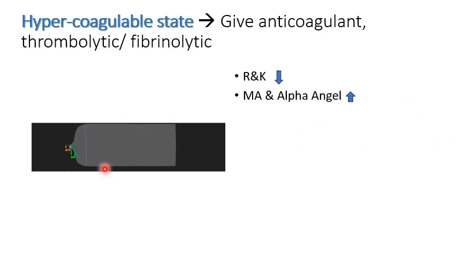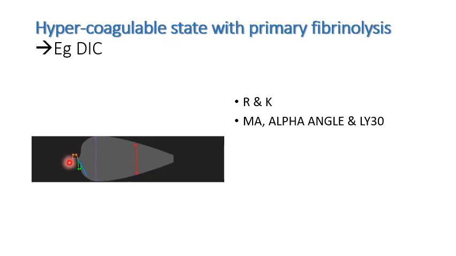So this is a hypercoagulable state. Maximum amplitude has increased, the K time is decreased, the R time is decreased, the alpha angle has increased, and also the lysis at 30 minutes has increased.